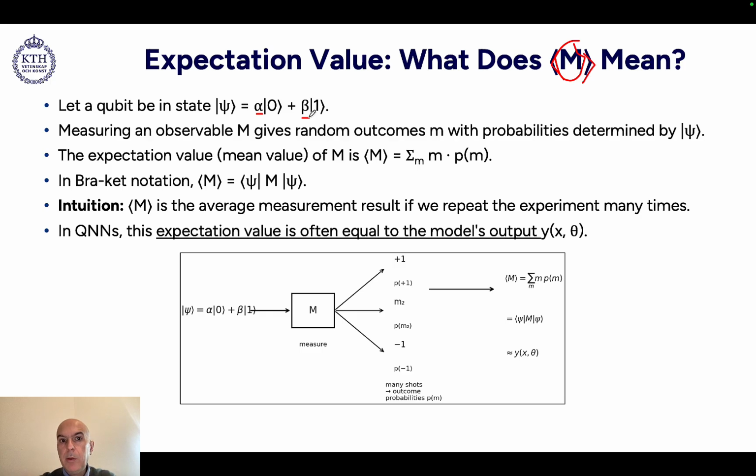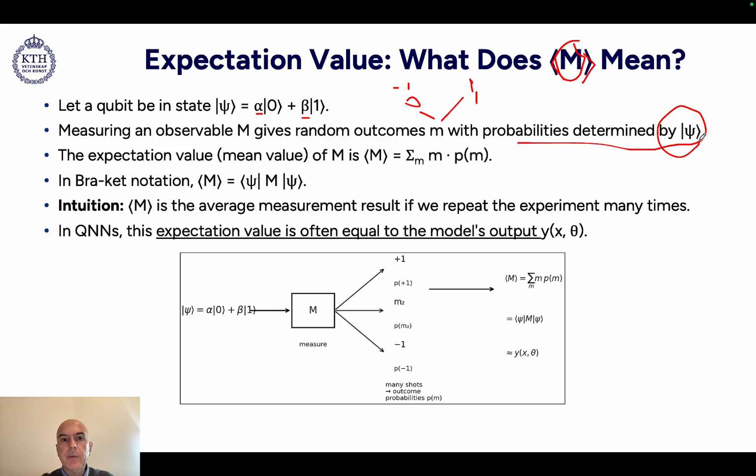Measuring an observable gives a random outcome M, for instance, either 0 or 1, or it can be -1 and +1, depending on the observable. Remember, the observable outcomes are just the eigenvalues of the Hermitian matrices. And these random outcomes are given by probabilities determined by psi.